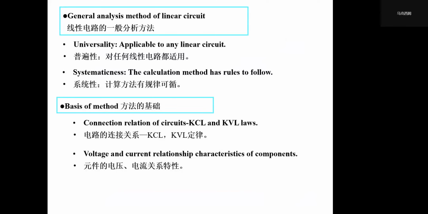That gives us some extra constraints on the current and voltage in the branch. So we can combine all these constraints together and list the equations.